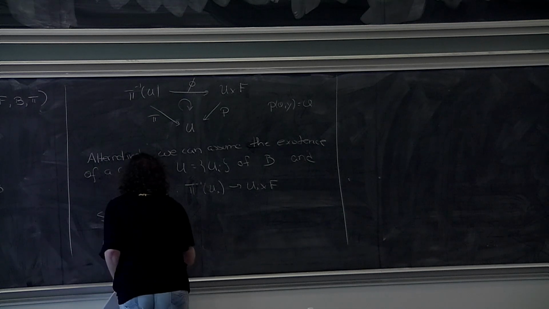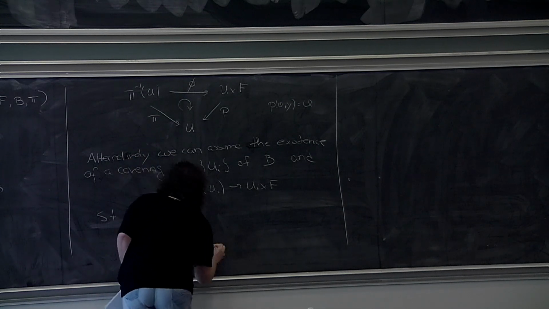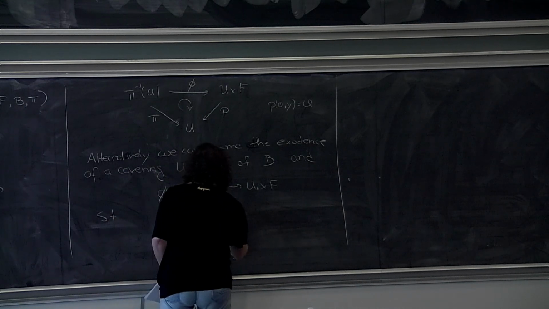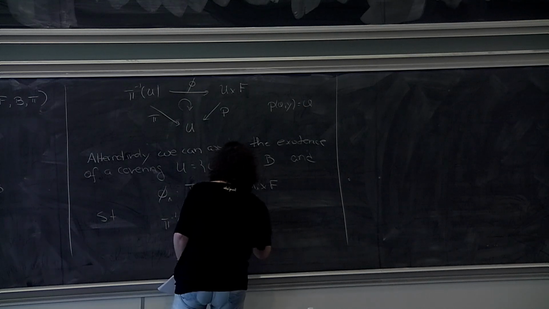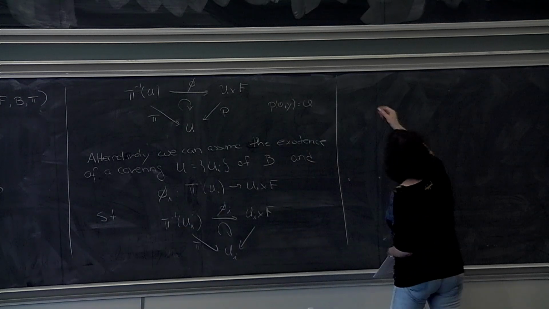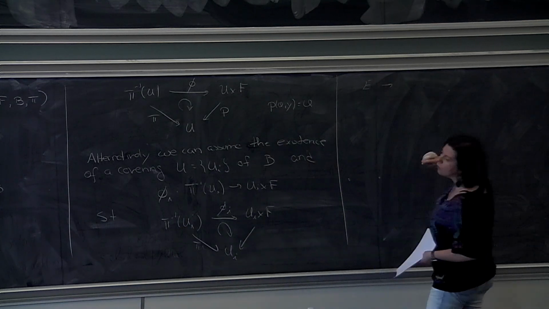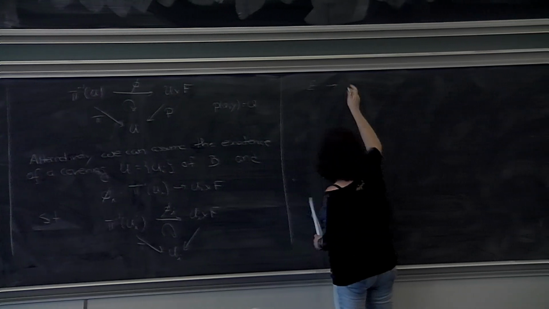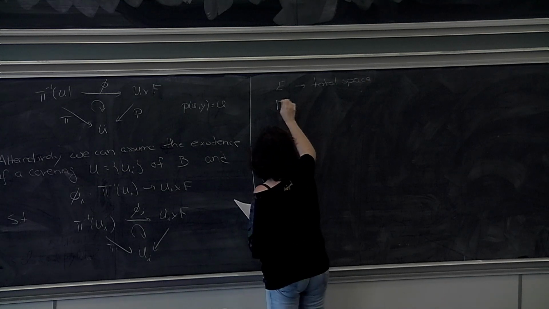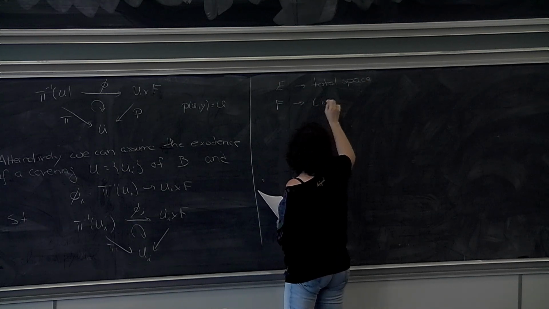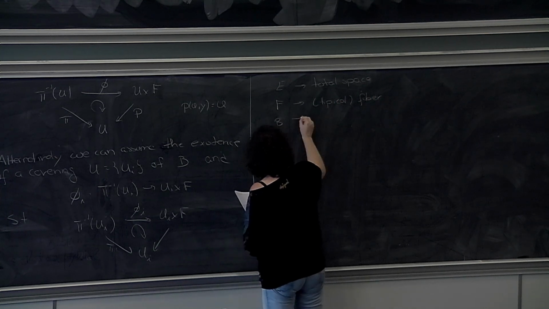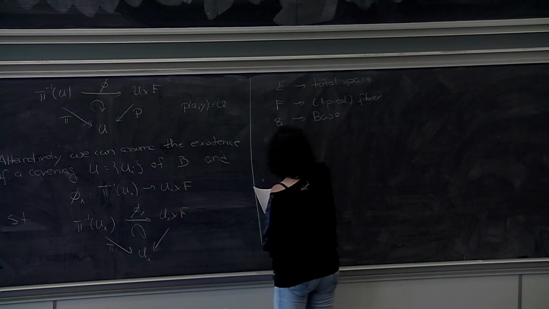Here E is called the total space, F is called the typical fiber, B the base, and pi the projection.